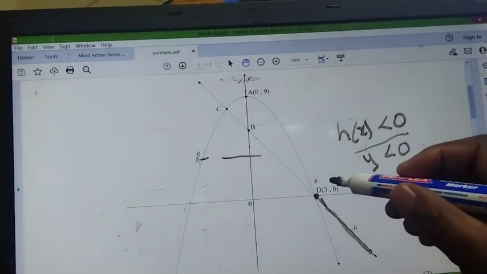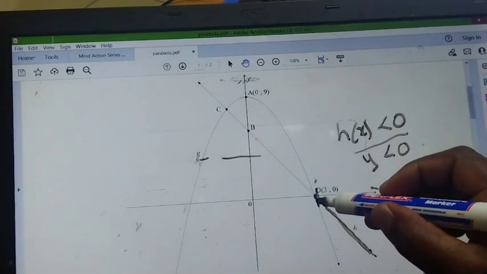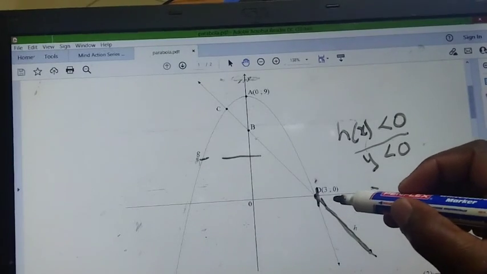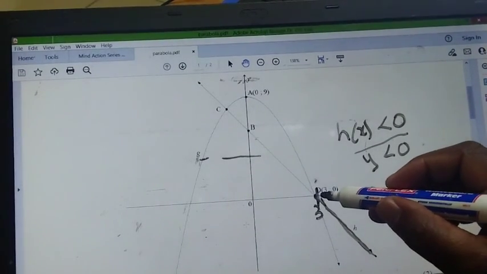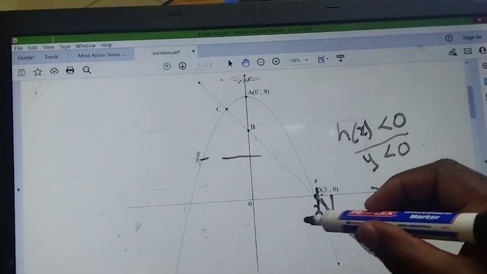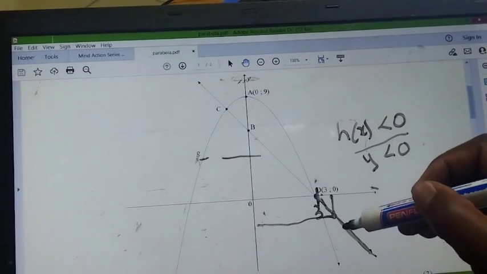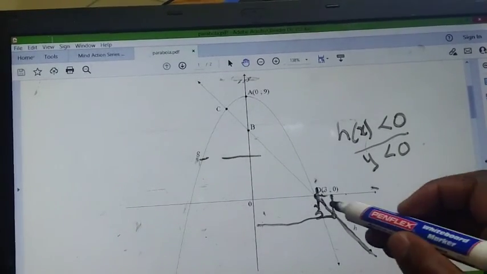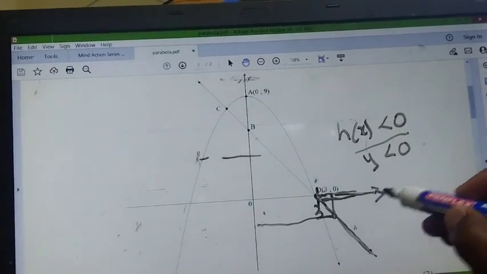Now, we can see that this started to happen immediately after 3. If you take any value that is greater than 3, it will give you a y value that is less than 0. So how do we describe this part in terms of x? We are saying it is the values of x that are greater than 3.